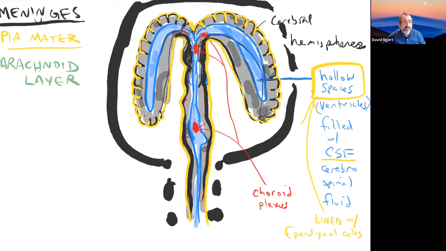Arachnoid layer gets its name from spider, because it has these little web-like struts that anchor it to the pia mater. If you take a look, it does not follow every little curve and nook and cranny.